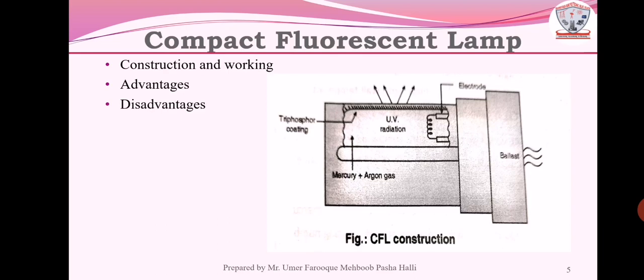The flow of electrons is produced by an arc between the two electrodes at the ends of the tube. Then the ballast provides the high initial voltage required to create the starting arc, and then limits the current to prevent the lamp from self destruction.